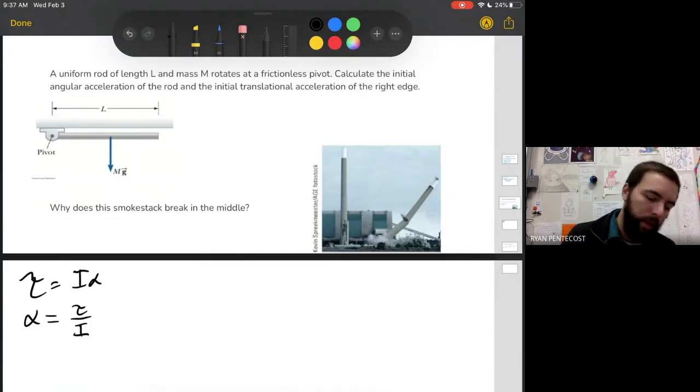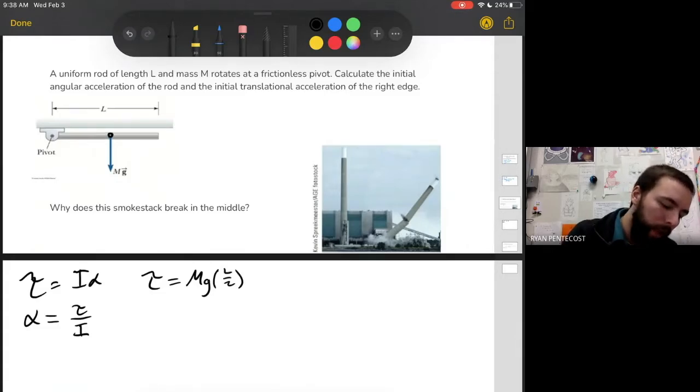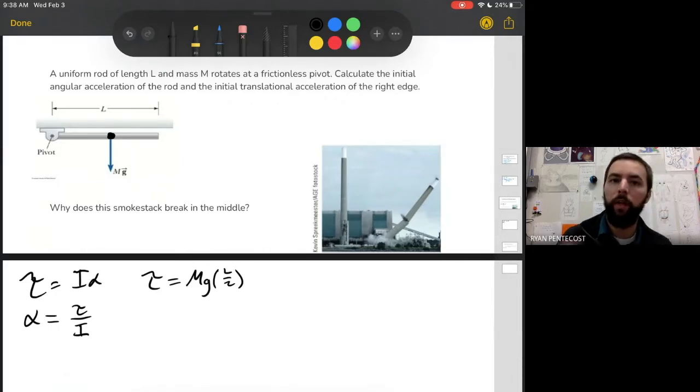Torque in this case, we will say that the force is mg, and the radius for the torque is going to be L over 2. Right? So we're assuming that mg is acting at the center of mass of the rod, and that is where the force is going to be located, so that'll be our r. Again, we're assuming tangential, so sine theta would equal 1.